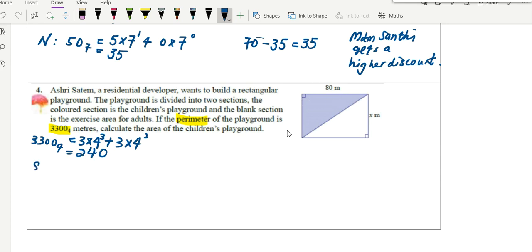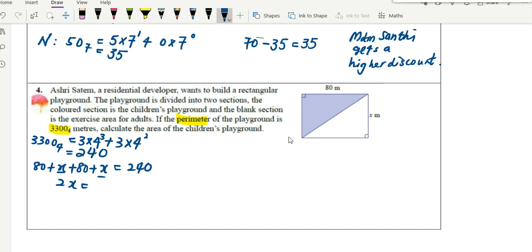Meaning 80 meters plus this side x plus again 80 meters plus again x equals 240. So I'm going to solve to find x here. x and x, 2x. These two, 80 and 80, move over to the other side, it becomes 160.